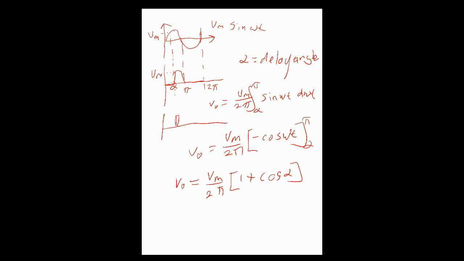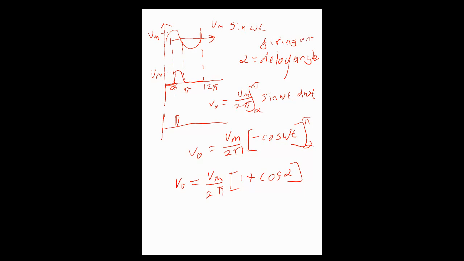Unlike with just the diode, where we got only a fixed output, where the average output was just the peak divided by pi, here we're able to vary our average output voltage by changing our delay angle. I should also mention that we also call this the firing angle.